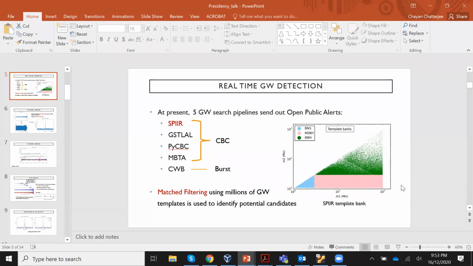And when that happens, we have to increase our template banks. We have to have more templates. So right now with the current infrastructure, SPIIR will not be able to detect any gravitational waves from supermassive black holes because it does not have the appropriate templates to do match filtering on them. But in future observation runs, as the detectors become more sensitive to those kinds of gravitational wave signals, we have to increase our template banks to detect them.